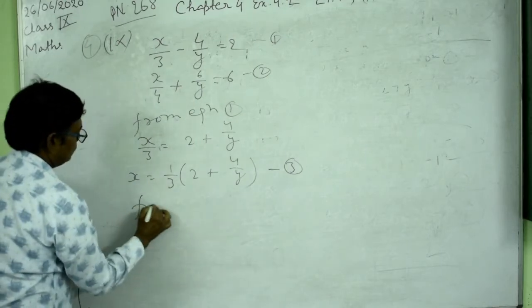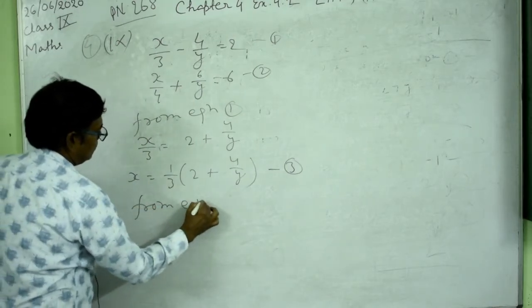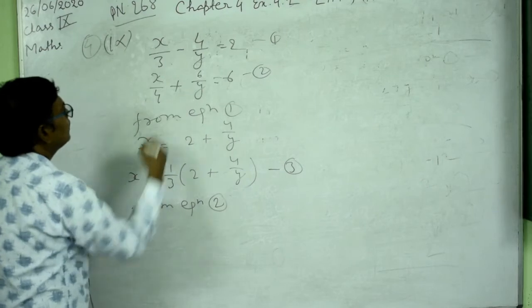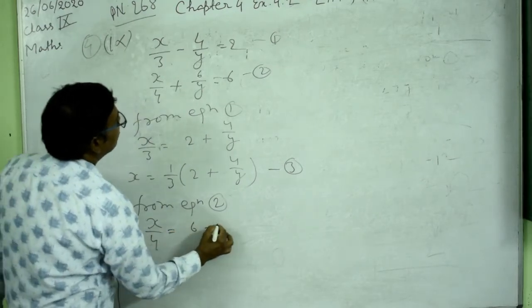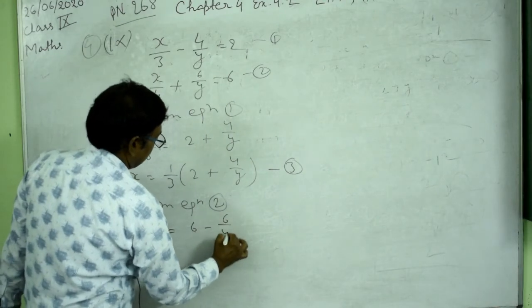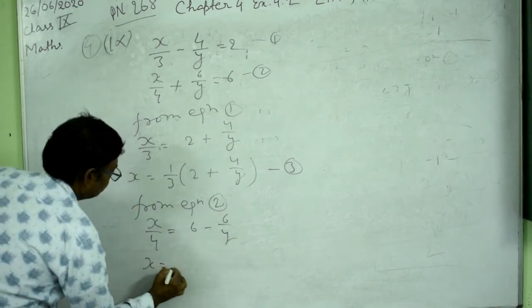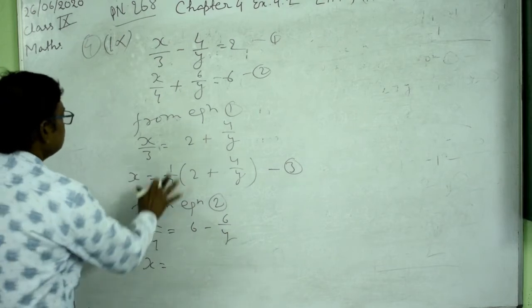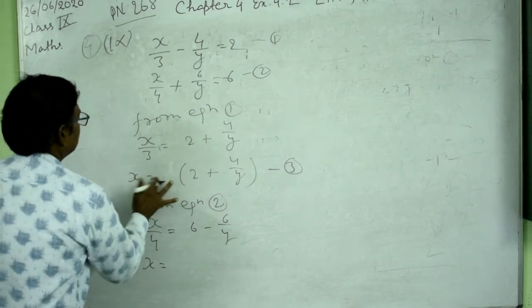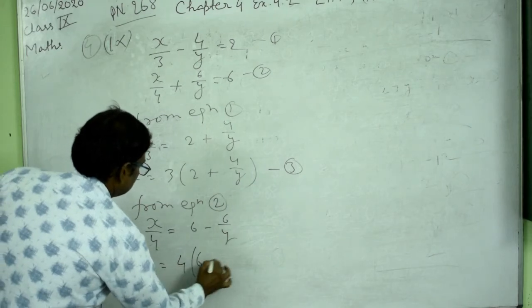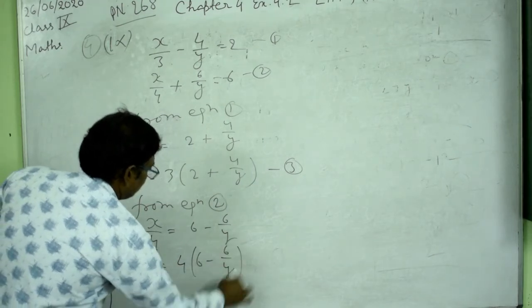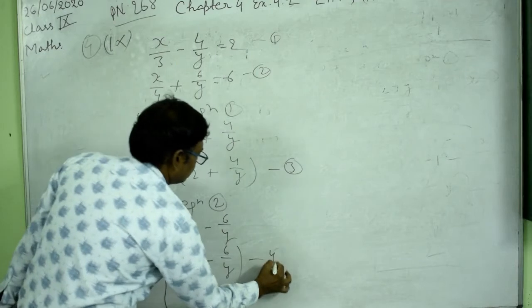And from equation 2, what will you get here? x by 4 equal to 6 minus 6 by y. So x equal to 4 into 6 minus 6 by y, and this is number 4.